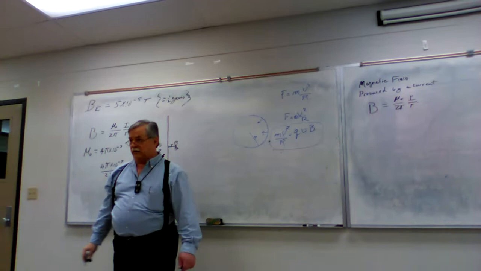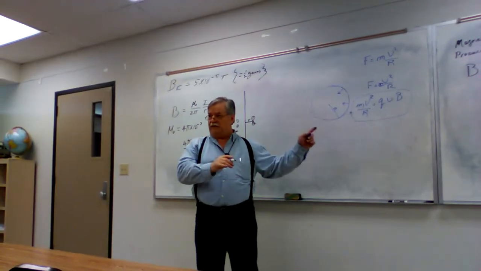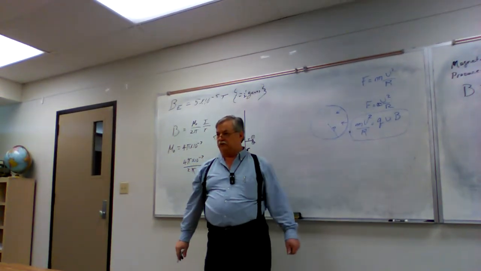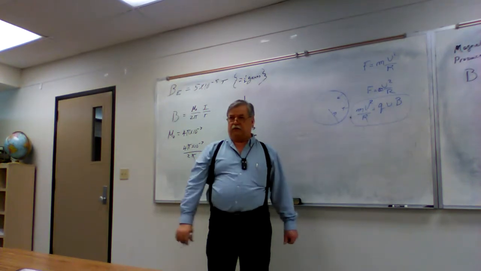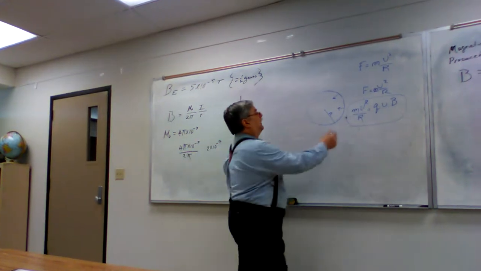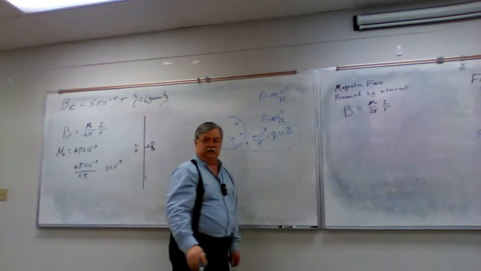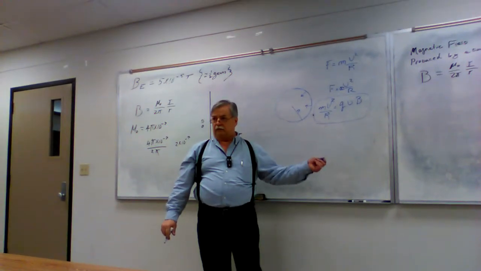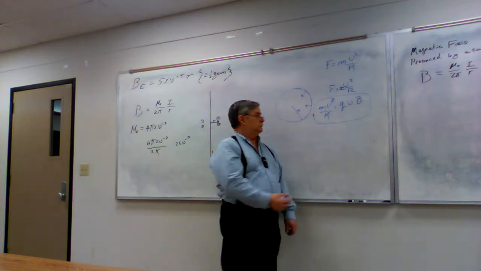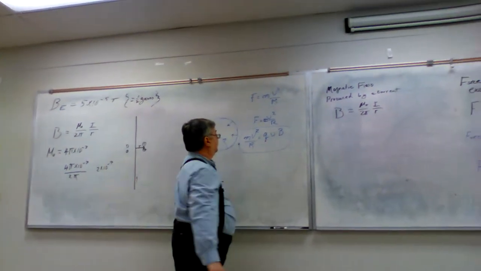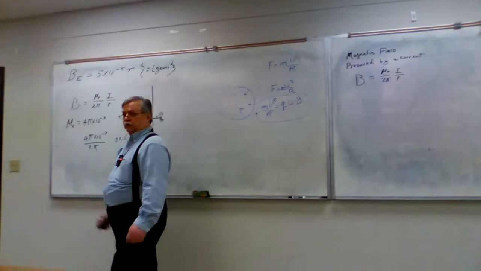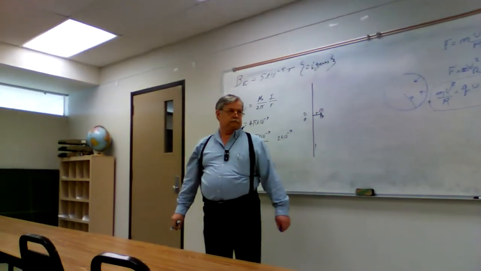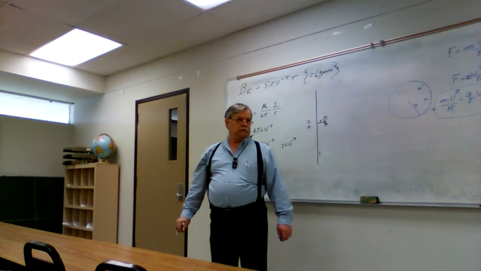Remember we're dealing with forces, so it's the mass of the particle times the centripetal acceleration that is the centripetal force. And that's what you have to set equal to the force that the magnetic field exerts on the particle. And at that point, whichever one of these variables they're asking you for, you should be able to solve for.